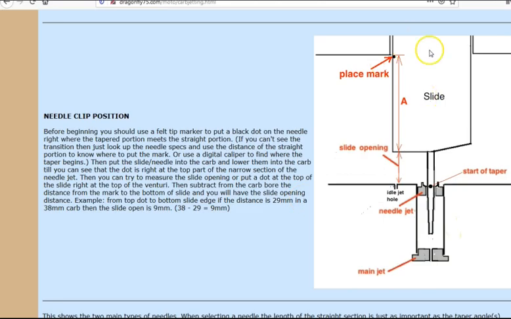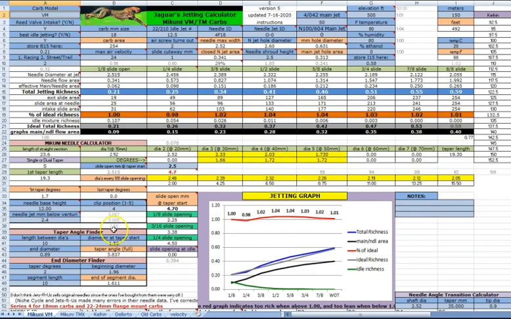You measure that distance, and then you take the slide distance from the top to the bottom here, and you subtract this distance from it, and it gives you this distance. The base for that needle clip to right here. This is hard to measure, so you take this measurement and you take this measurement, and you take this minus that. So that winds up right here.